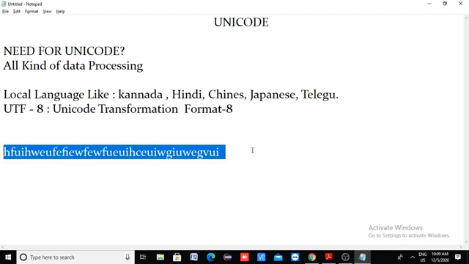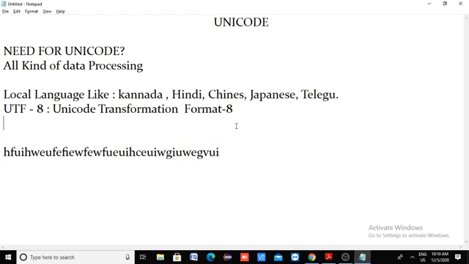For example, early computer processors like the 8088 and 80286 were 8-bit or 16-bit, meaning they were capable of working with only 16-bit binary numbers. Here also, format 8, called UTF-8, only works with 8-bit binary numbers.